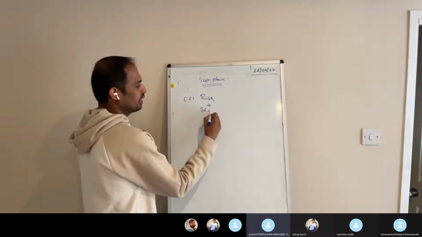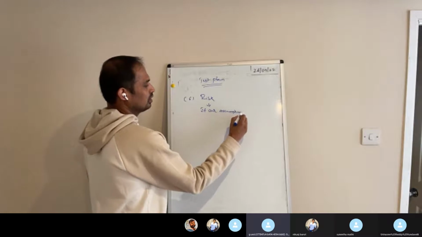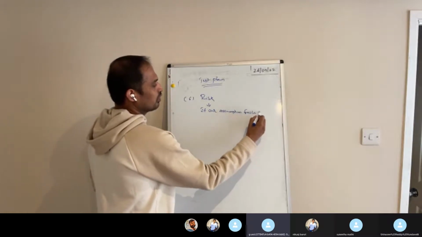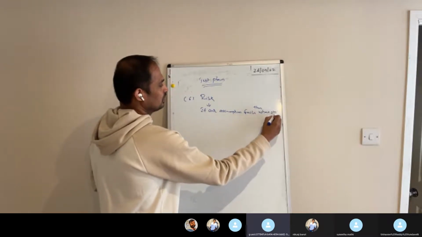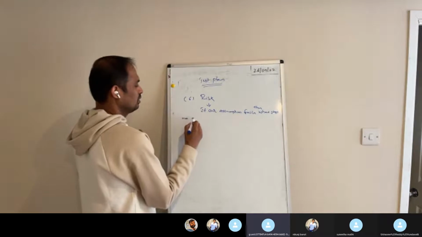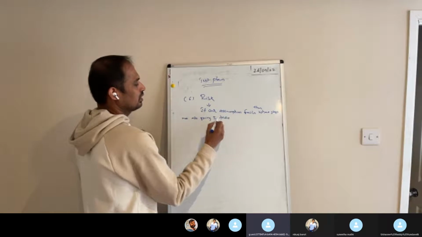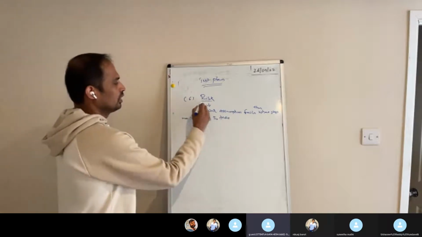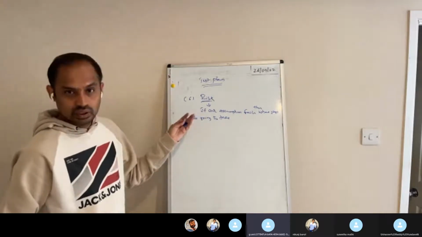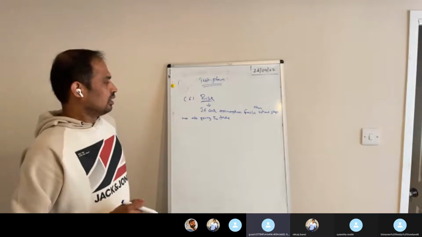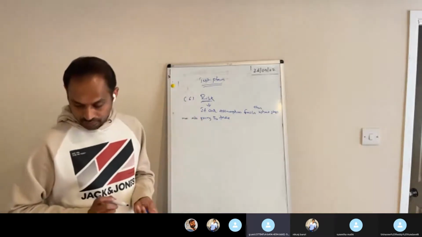If our assumption fails, then what steps are we going to take? In the risk section, they explain the risks that we are going to get if our assumption fails.